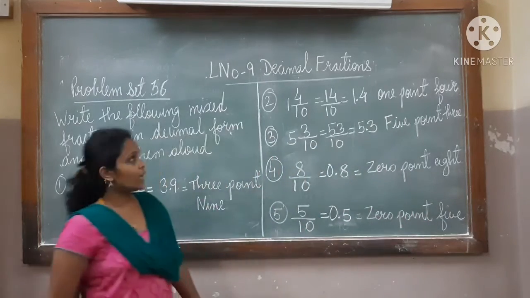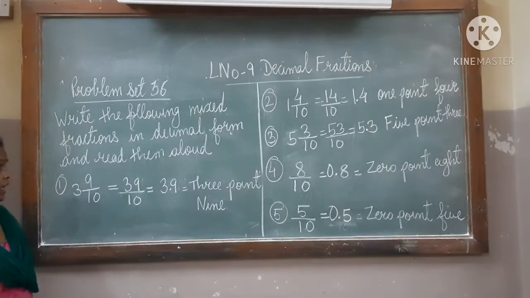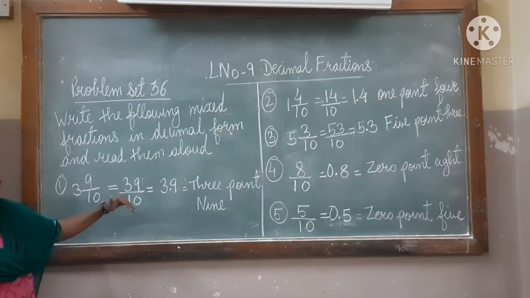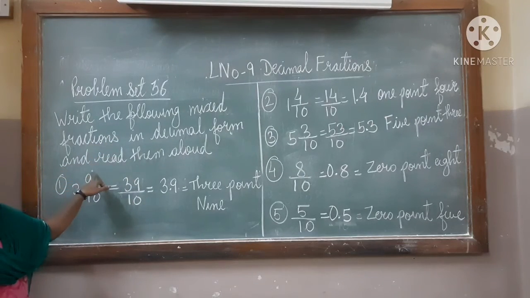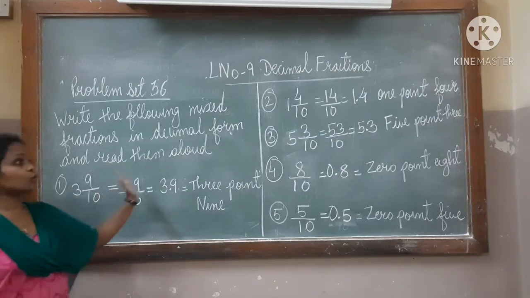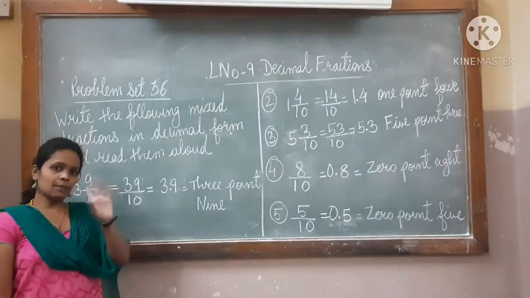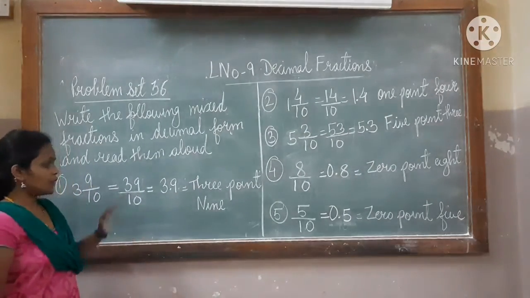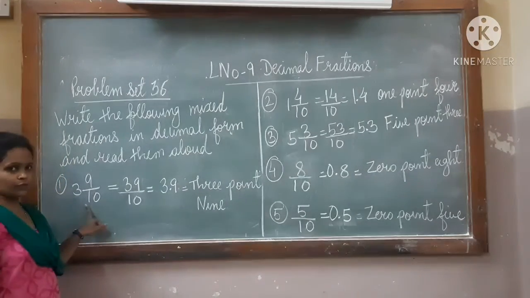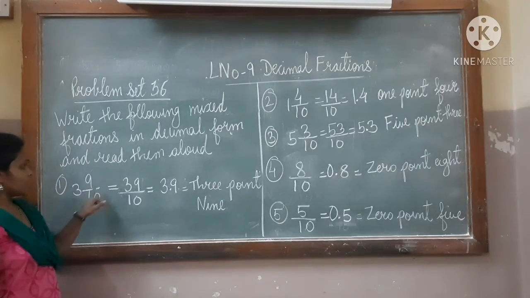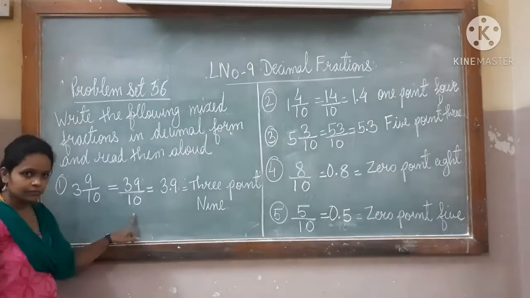Clear? So in this way, the problem set 36, we have learned how to do the mixed fraction in decimal form, and we have learned how to read also. Again I am repeating only the first sum so that you can understand remaining 5. Now here it is given in a mixed fraction. You have to write then 39 upon 10.